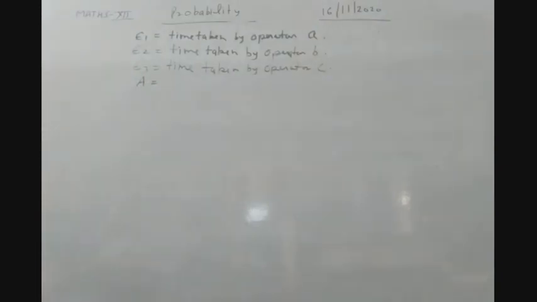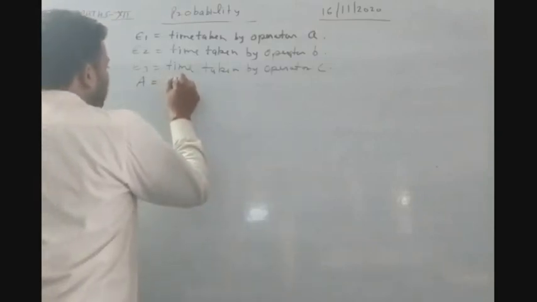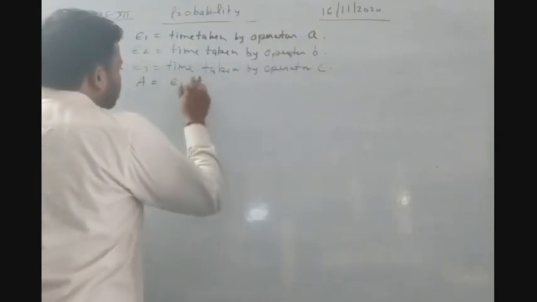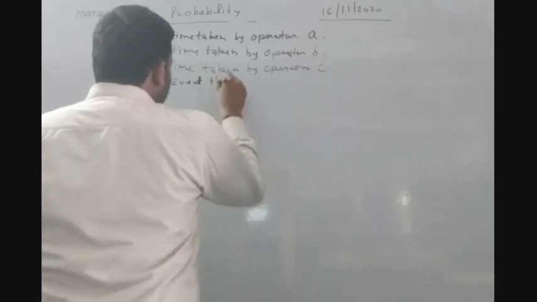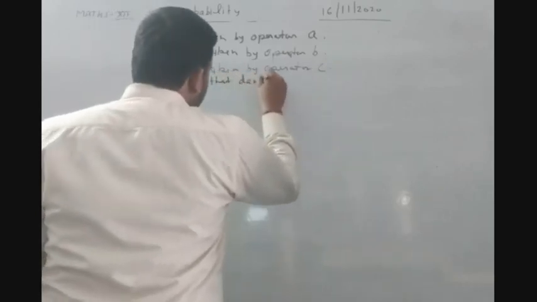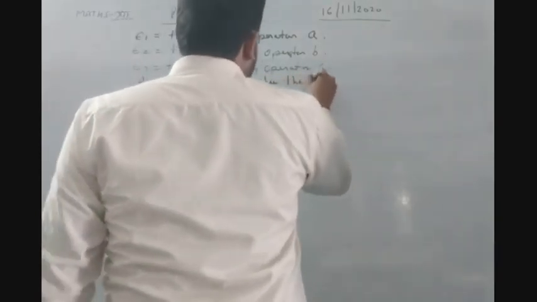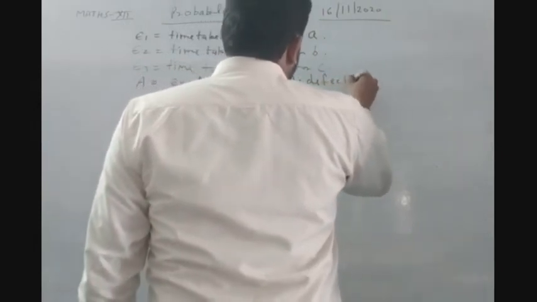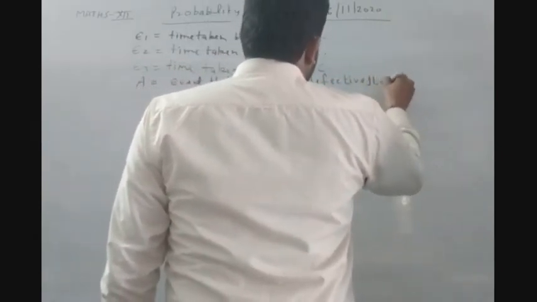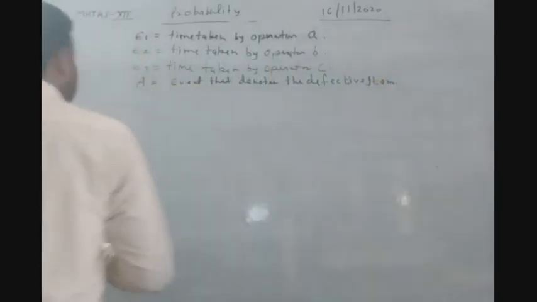A denotes the event of getting a defective item. Okay, so this is the information which we are given.